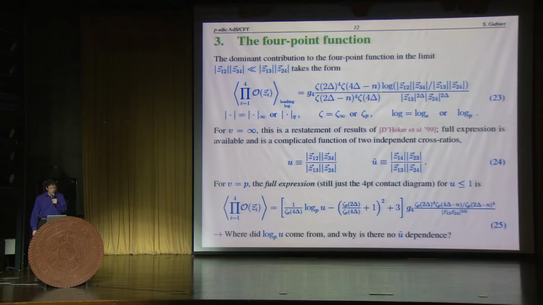Now let's go right on to the 4-point function, which is very entertaining because you can write it all in one line for the real case and the p-adic case, as long as we're only looking at the leading logarithmic behavior of the 4-point function in the real case. By leading logarithmic behavior, I mean that if we take z12 and z34 small compared to z13 and z24, then the complicated 4-point function in the real AdS/CFT situation has only this simple logarithmic behavior in a limit I just wrote.